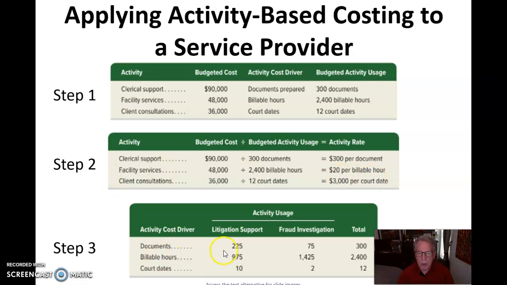Now, we take a look at our two departments. We have litigation support and fraud investigation. And what we do is we divide that 300 documents up here into those two pieces. Same thing with billable hours and court dates. Now we're in position to make our calculations.